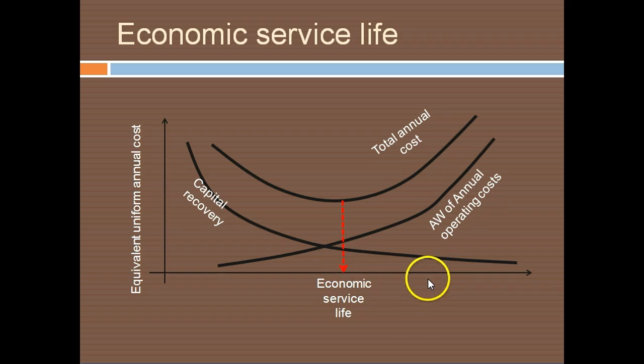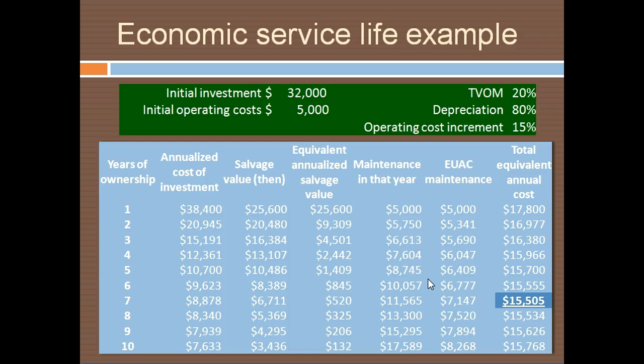So using those concepts, we create a set of scenarios. What if we own this item for 1 year or 2 years or 3 years and so on? Let's consider an example.